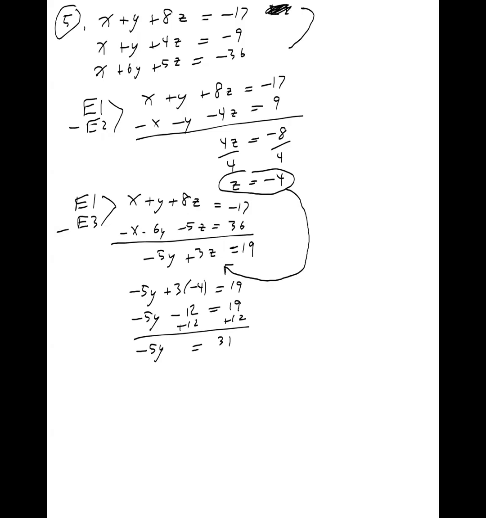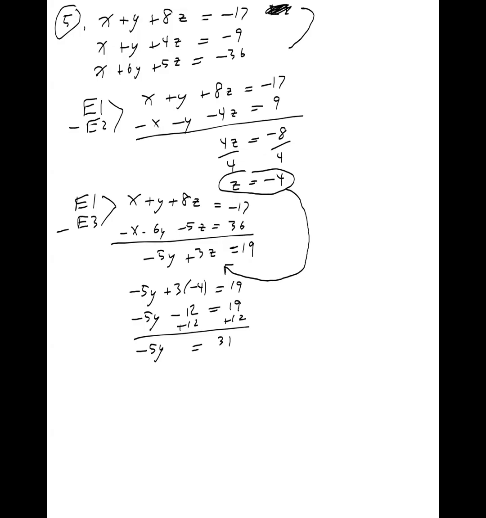Wait, I think I made a mistake. Hold on. Let me make sure I didn't write anything down wrong. 6, 5, -36. 6y plus 5z. Okay, oh, I did make a mistake. My value of z is actually incorrect.